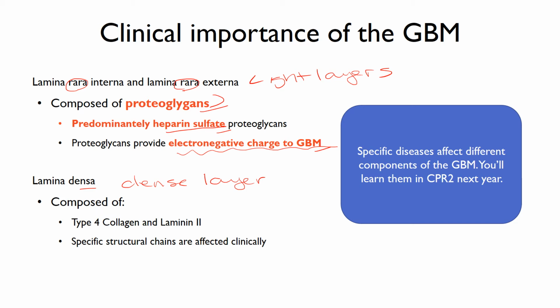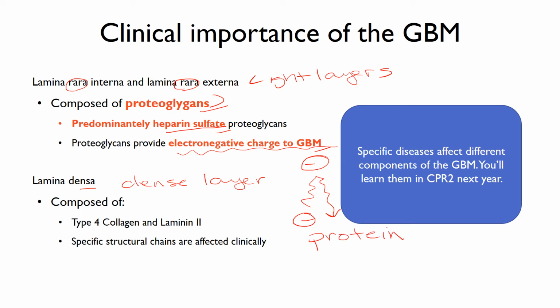That electronegative charge, if something is negatively charged, it's going to repel other things of negative charge. And what is a major thing in the blood that has a net negative charge? Well, that is protein.